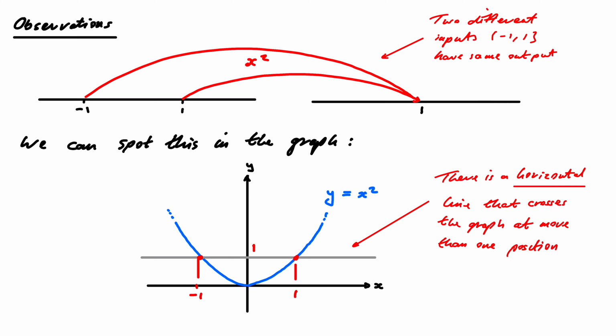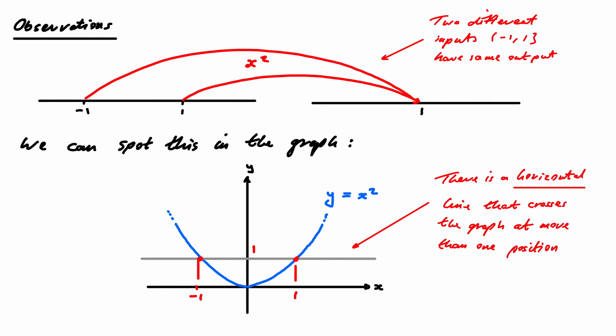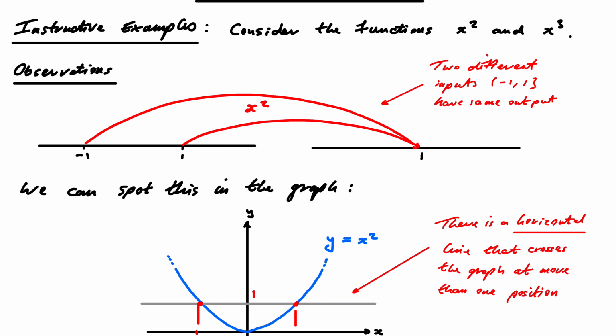So that's a nice way to visualize the story, the fact that -1 and 1 both map to the same thing. If I draw a horizontal line with y coordinate equal to 1, it has to cross the graph at 2 positions. So we're thinking about 2 examples, x squared and x cubed, sorry.